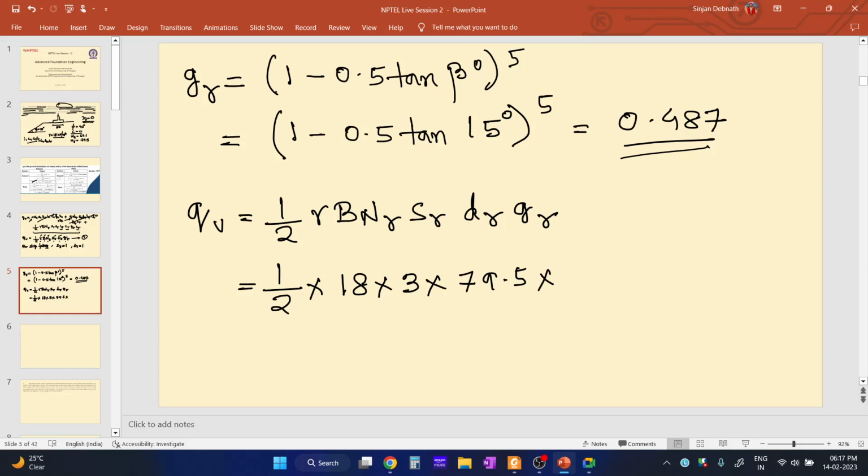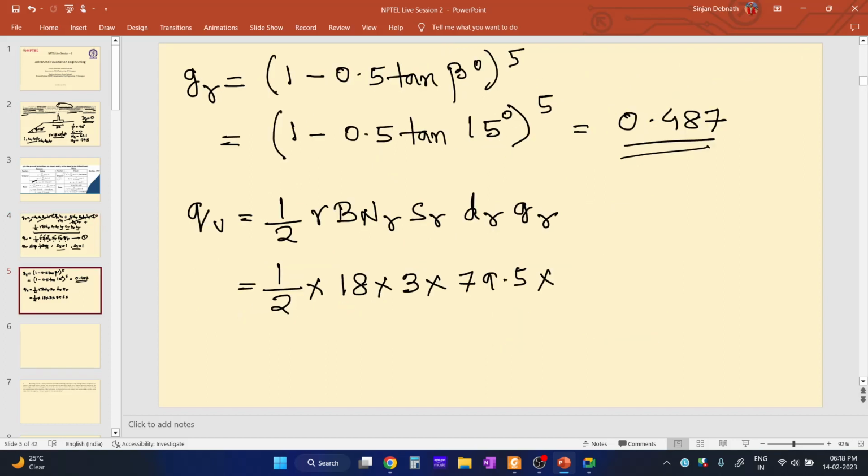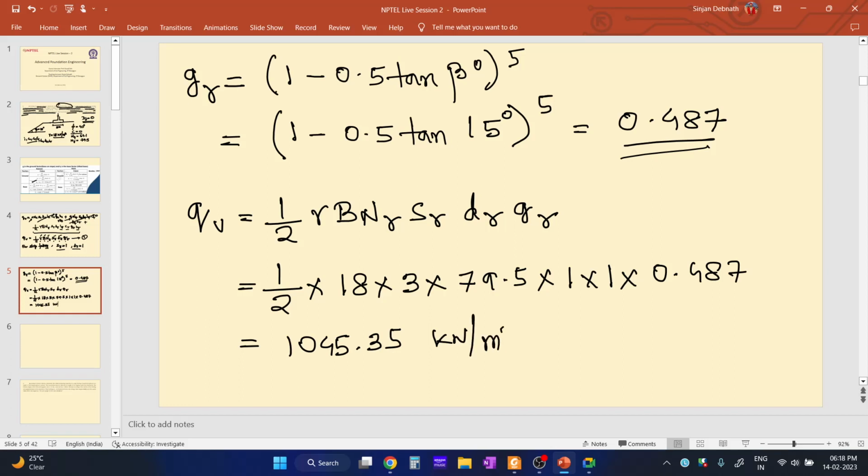And shape factor, depth factor is 1. For strip footing, shape and depth factor is 1. And the sloping ground factor which you have calculated is 0.487, and this comes out to be 1045.35 kilonewton per meter square.